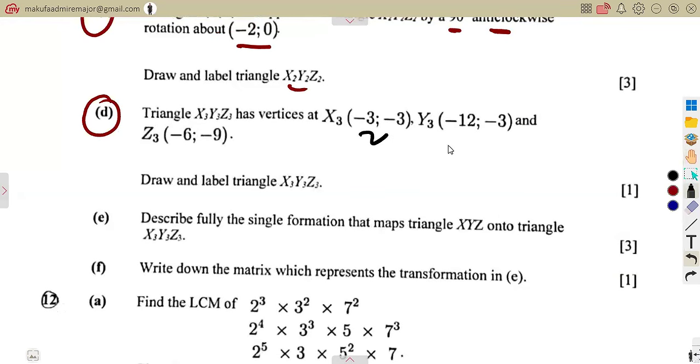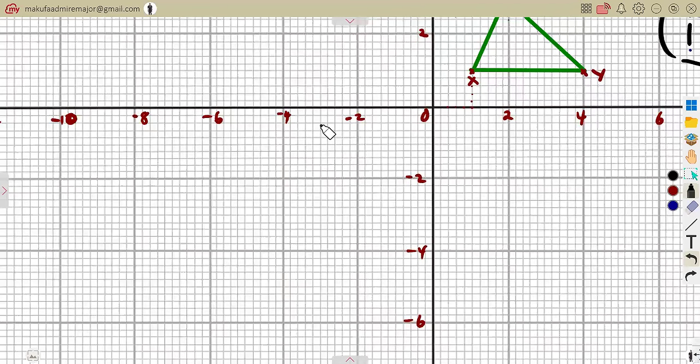The first point is minus 3, minus 3. When x is minus 3, y is also minus 3. So it's going to be in between here, guys. That's 1, 2, 3, 4, 5, 1, 2, 3, 4, 5. So let's say this is our x3.